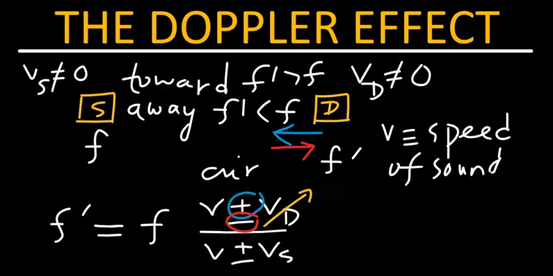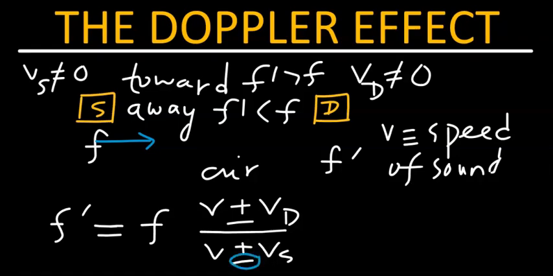Just set it to be 0. Now, if the source moves toward the detector, use the minus sign in the denominator to get a shift up in the frequency. And if the source moves away from the detector, then use the plus sign in the denominator to get a shift down. If the source is stationary, then v sub s simply goes to 0.